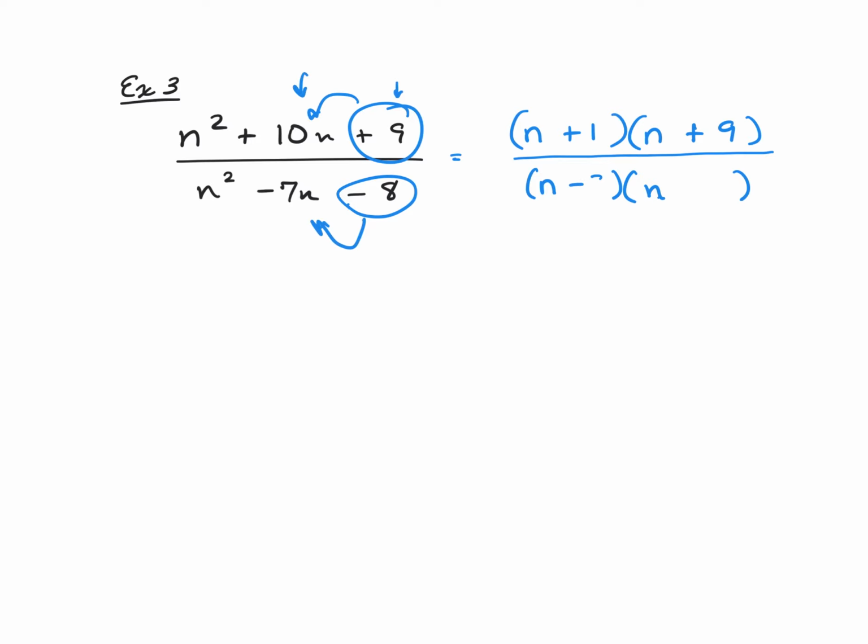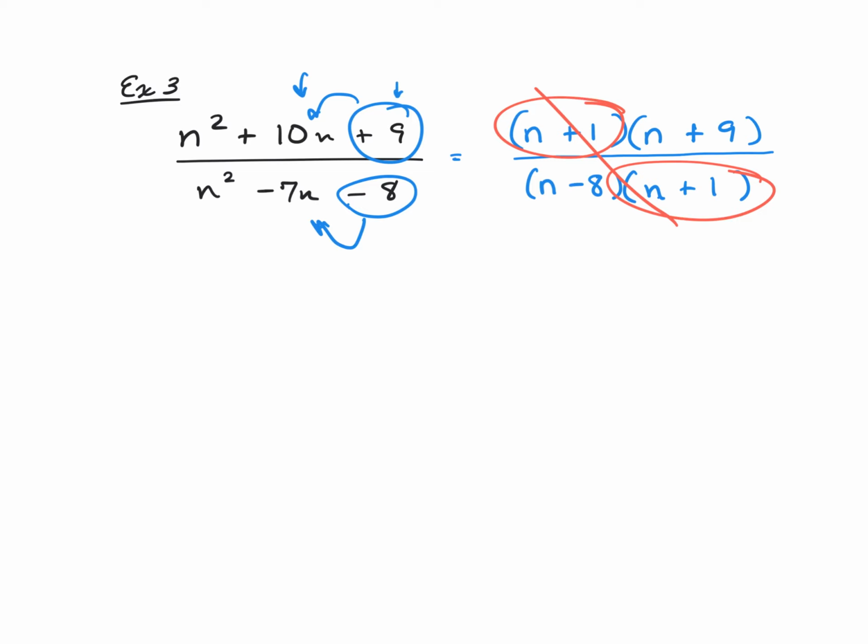That is going to be negative 8 and positive 1. When you multiply negative 8 by positive 1, you get negative 8, but when you add, you make negative 7. Now look what you have. You have identical factor pairs, this n plus 1 and this n plus 1 here. So they reduce with one another and they cross out.